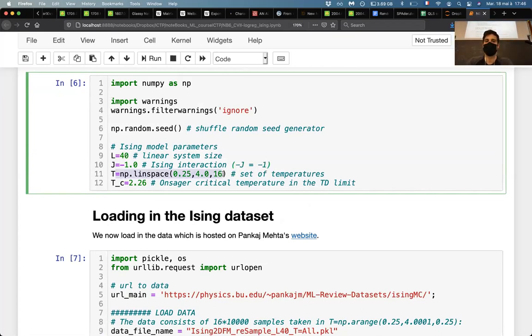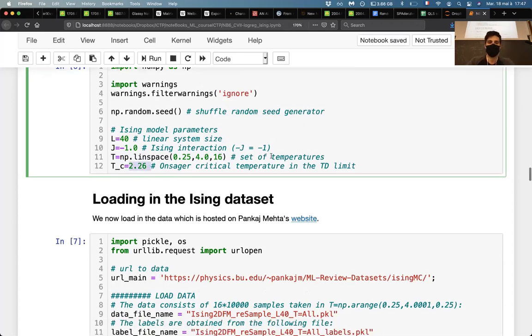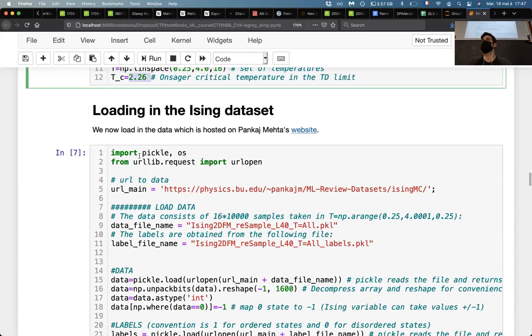So here are all the temperatures at which we will draw configurations. So we will have 16 different temperatures that go from 0.25 up to 4. And the transition is in the middle at 2.26. So here, because this is very slow to actually run a Monte Carlo algorithm to sample these configurations, this is not an easy task.